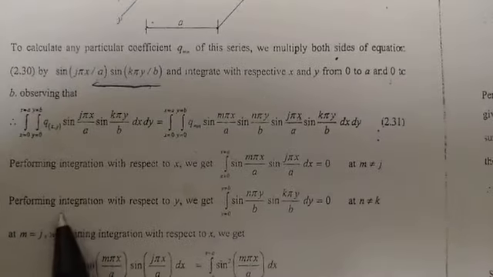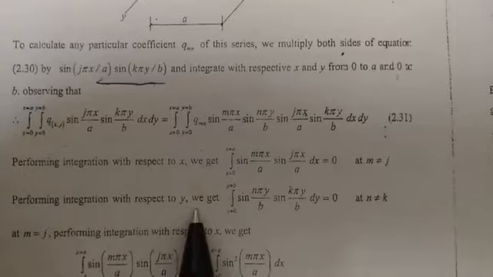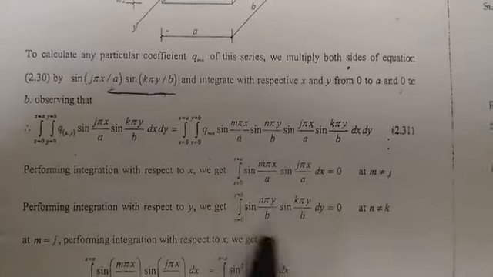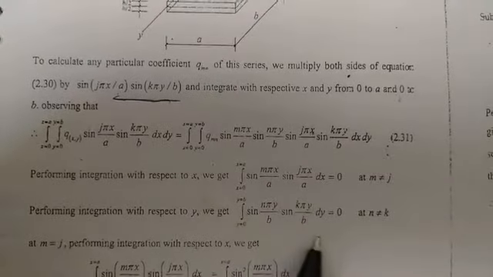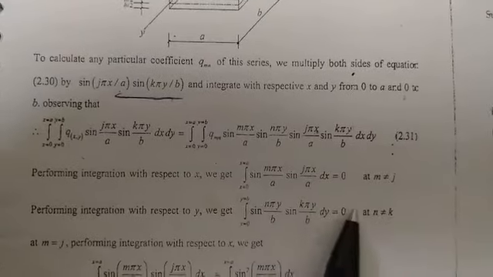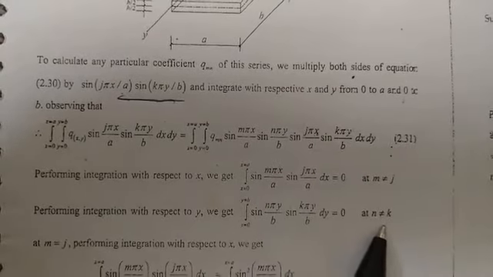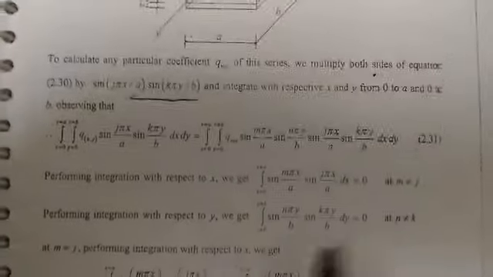Okay, so now we have to integrate the other equation with respect to y. So we'll integrate the terms which have y. If you integrate this, again you will get 0 when n is not equal to k, obviously.